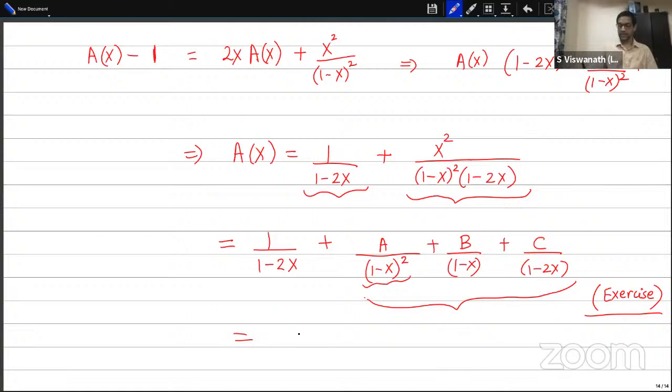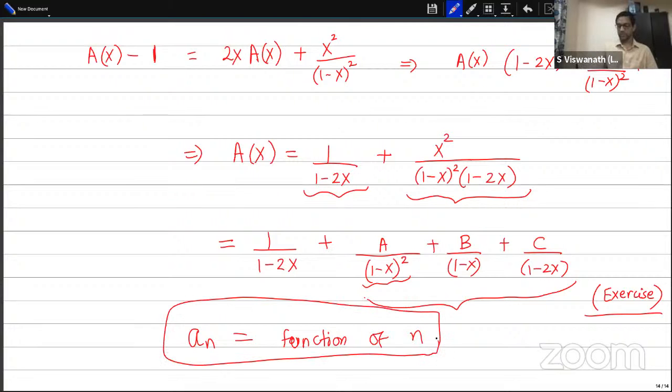And using that, actually find out a formula for a_n. a_n equals, I want some function of n. Okay, let's find out what this function is. So please try it, and we'll do it during the tutorial.